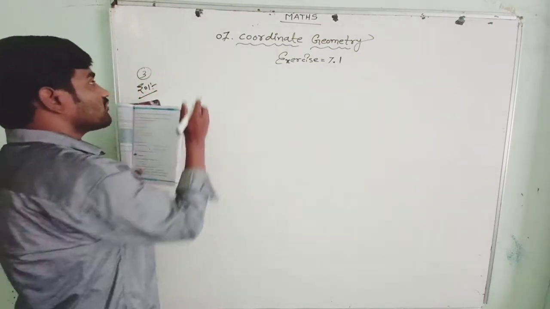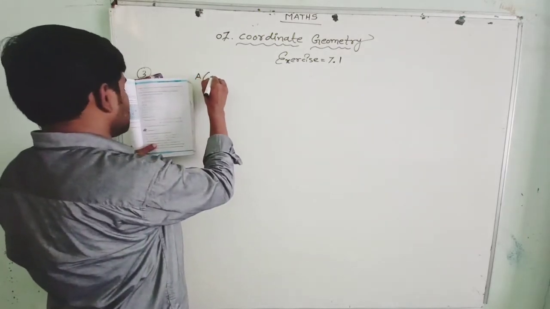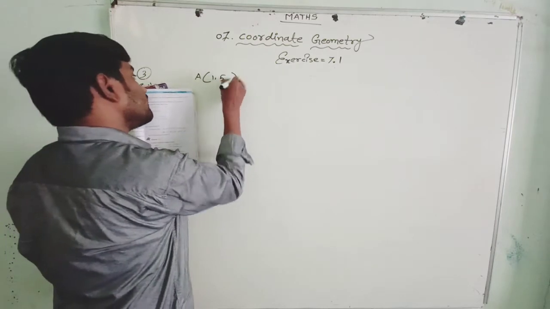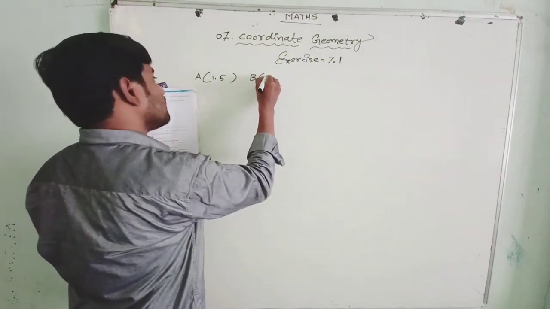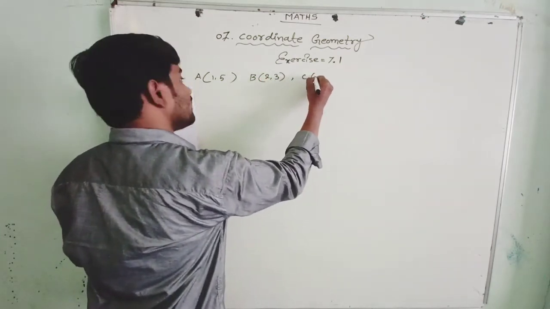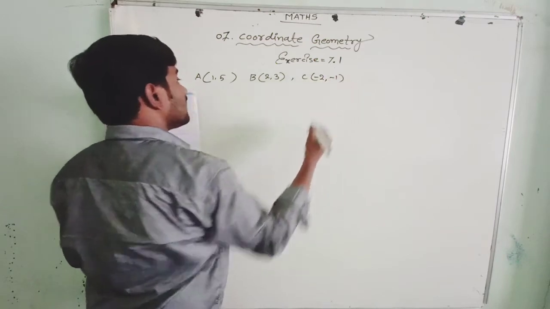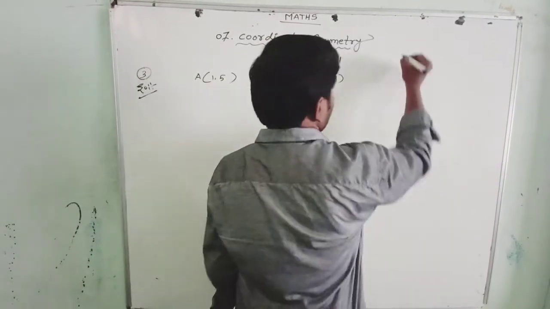So what is the meaning of collinear? Let me say first. First of all, let me write the given points: the first is 1, 5, the second one is 2, 3, and the third point I will take as C, that is minus 2, minus 1. Now we have to know whether these points are collinear or not.